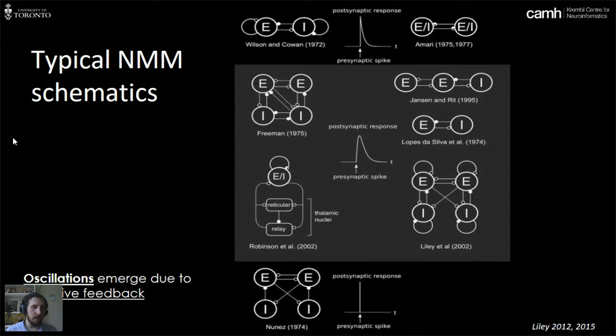One of the prerequisites of which is some form of negative feedback. So in the physiological context, the negative feedback is coming from the inhibitory population. So it's either inhibiting itself or it's inhibiting another population, like the excitatory population. So from a physiological point of view, we think about that as inhibition.